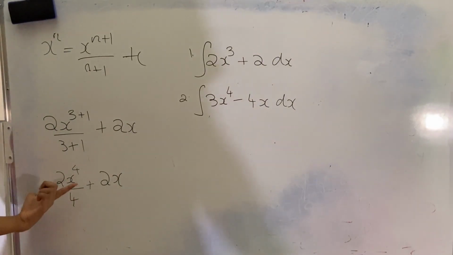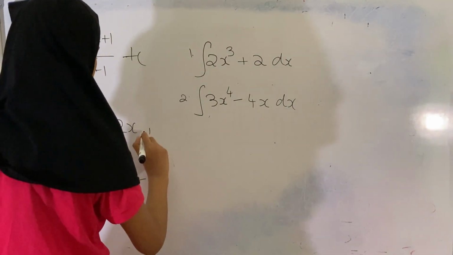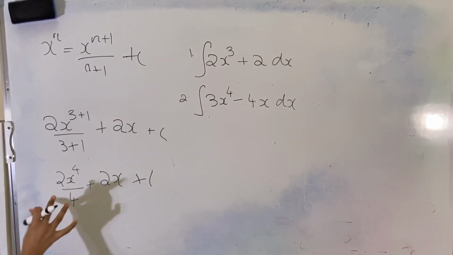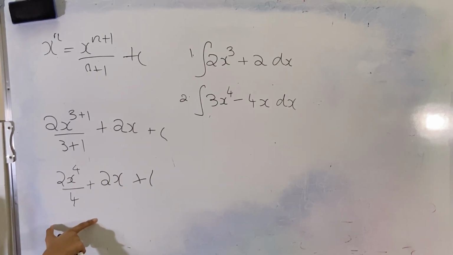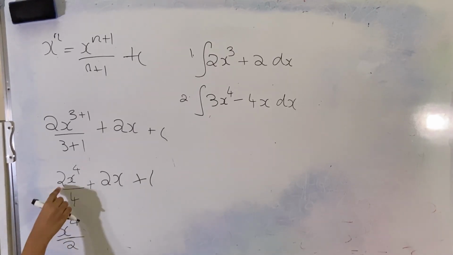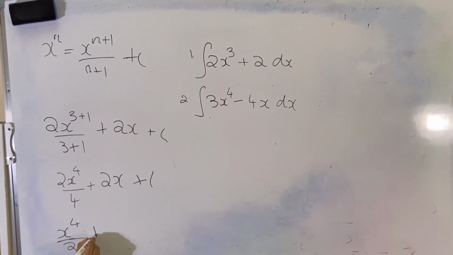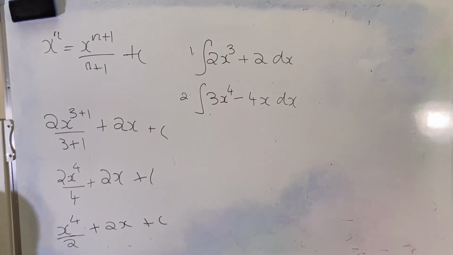So here, if you want to make it short, you can also do this. Right now this is 2x raised to 4 by 4. For this, maybe you could write it like x raised to 4 by 2, because 2 by 4 is 1 and 2 into 2 is 4, plus 2x plus c.